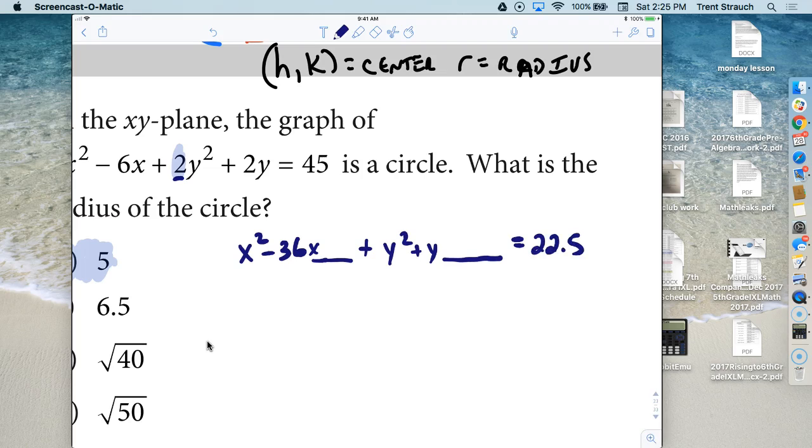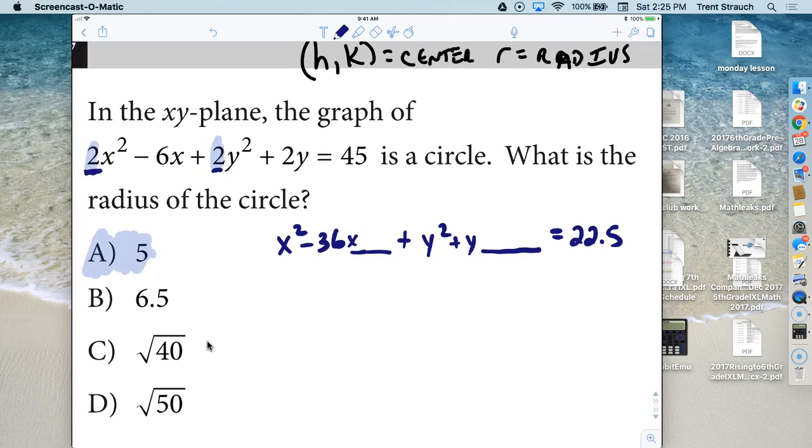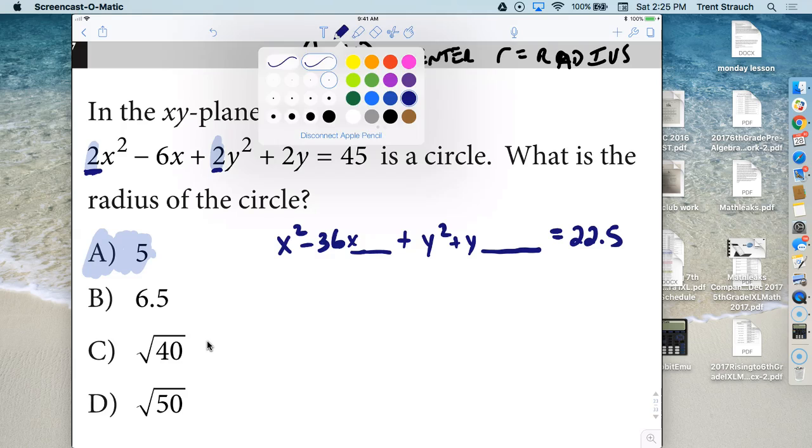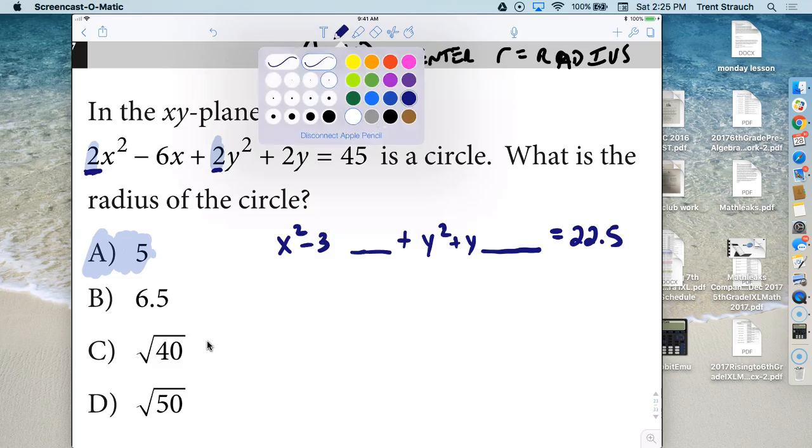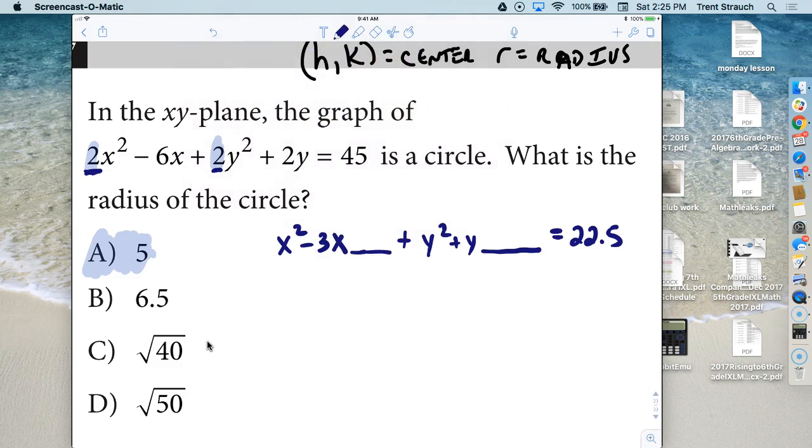You hear that so far? So it's 3. Do you agree with that? All right. So there we go. Thank you. So it's x squared minus 3x.